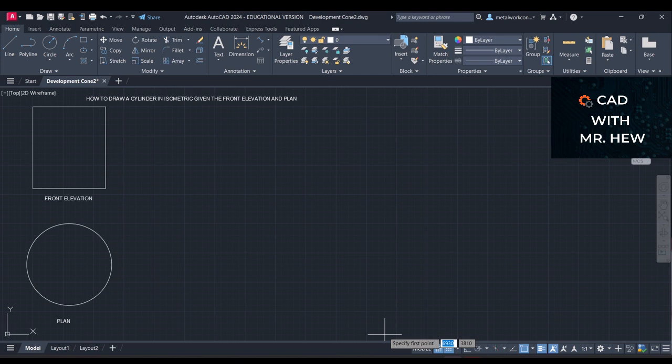Are you following so far? We're drawing the actual cylinder in isometric projection now. I'm going to draw a construction line.